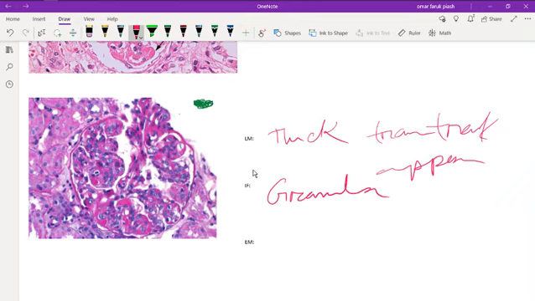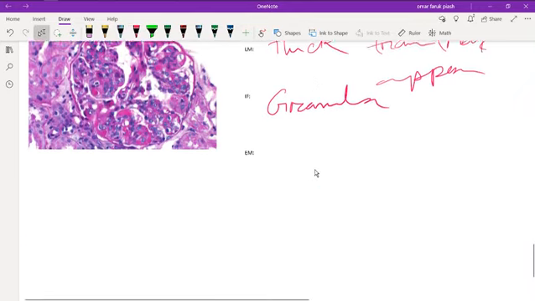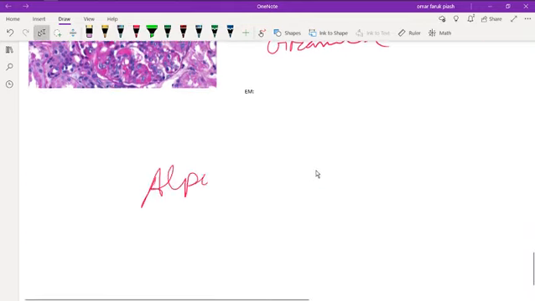The last disease I will discuss is Alport syndrome. You can remember it by this: can't see, can't pee, can't hear a bee. Can't see means retinitis pigmentosa, retinopathy, lens dislocation.